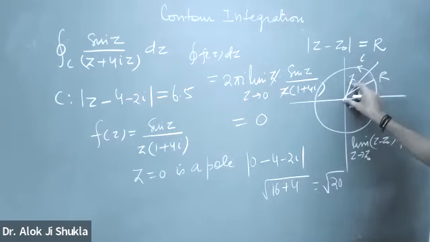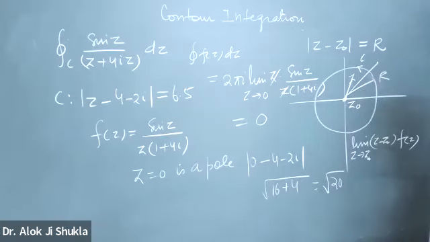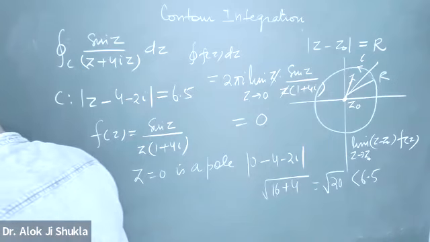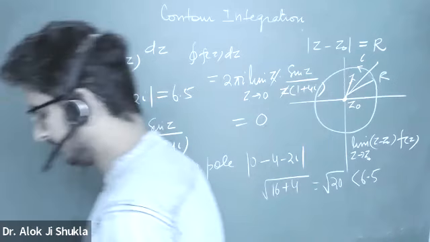If that length is smaller than the radius, then it is inside. If that length is larger than the radius, then that point is outside. So because root 20 was less than 6.5, that's why I considered it inside. Okay. Shall we take the next one?